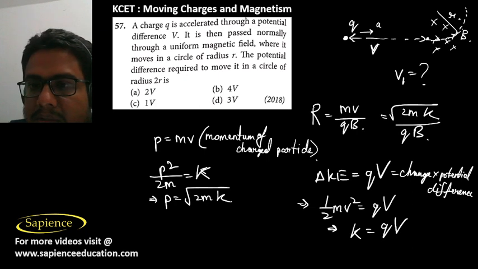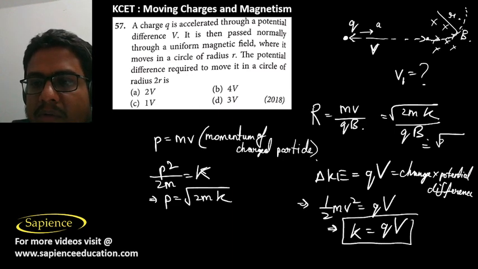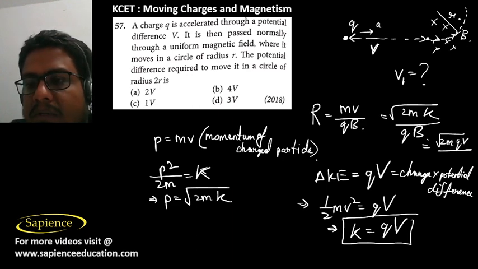So if we substitute this kinetic energy here, then we will have root over 2m qV divided by qB.